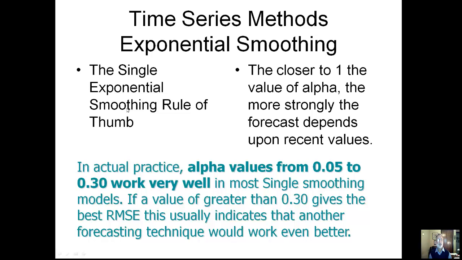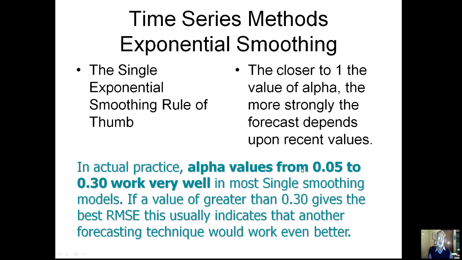Now, single exponential smoothing rule of thumb. The closer the smoothing constant is to 1, okay, alpha, the more strongly the forecast depends on recent values. The smaller the smoothing constant, the closer it gets to 0, 0.1, 0.01, or whatever, the more it places value on older values.